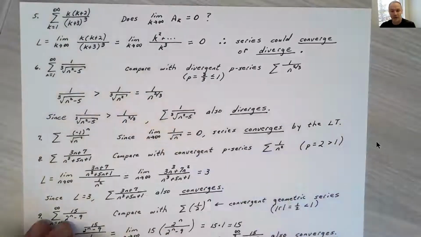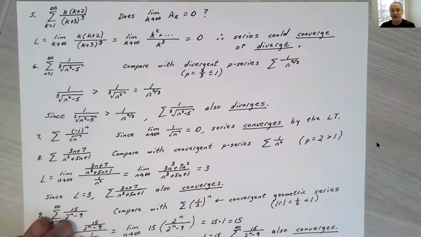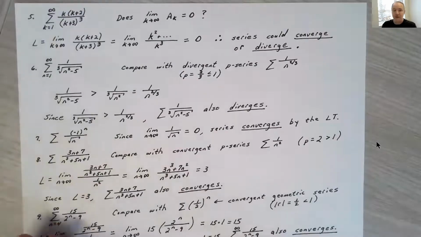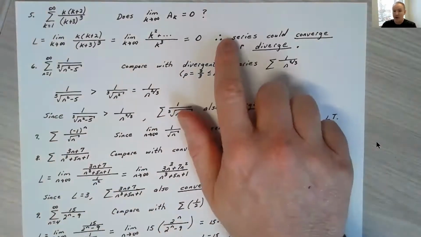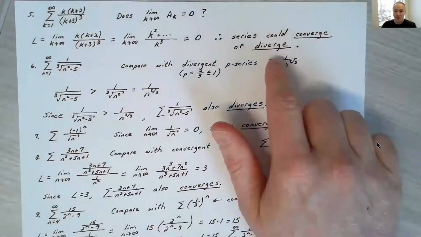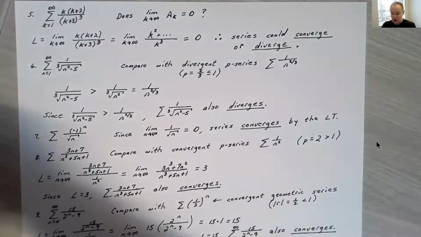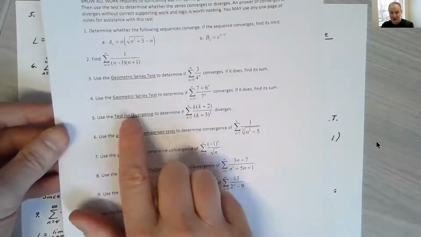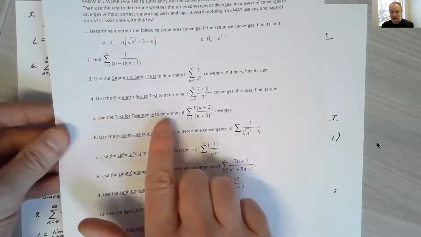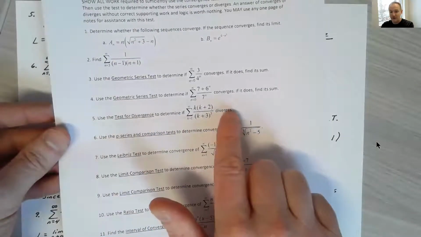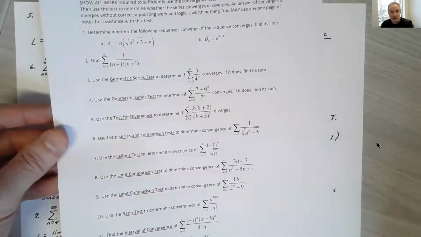So what does this tell us? It doesn't tell us anything. The test for divergence is inconclusive. Since the limiting value is zero, this series could converge or diverge. I don't want you using any other test to tell me if it converges or diverges. We're just supposed to use the test for divergence, and in this case it doesn't tell us.